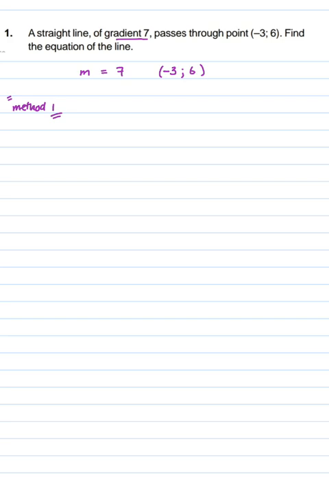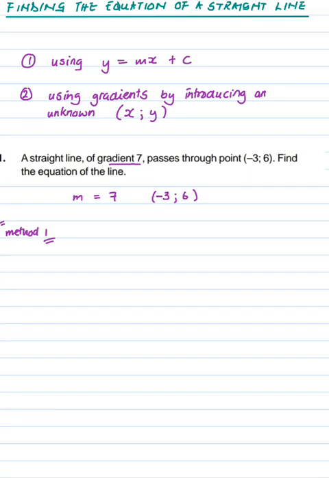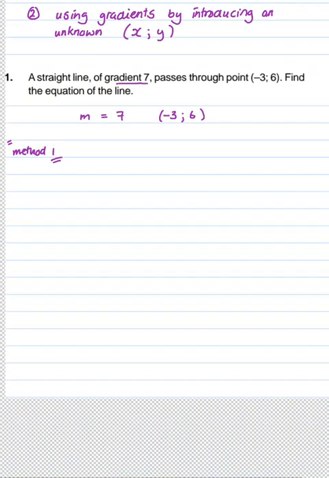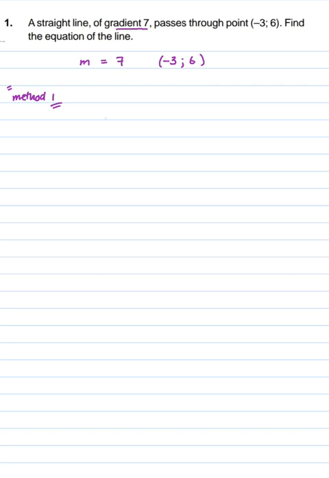For method number 1, we are going to use the equation y is equal to mx plus c. Here m is 7. Then x is going to be equal to minus 3, and y is going to be equal to 6.